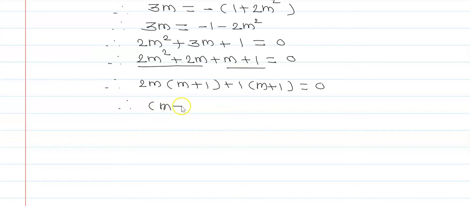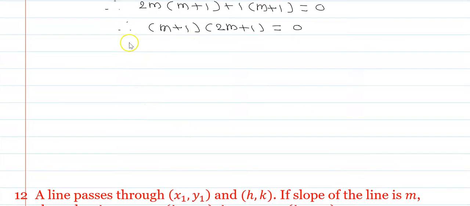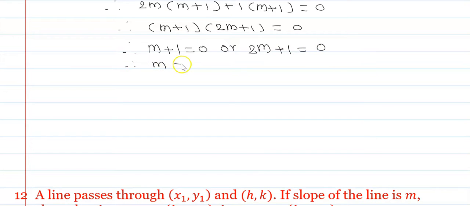Therefore, m plus 1, 2m plus 1, that is equals to 0, and therefore m plus 1 is equals to 0 or 2m plus 1 is equals to 0. Therefore, m is equals to minus 1 or m is equals to minus 1 upon 2 if we evaluate it.